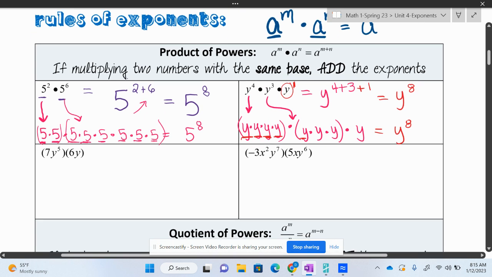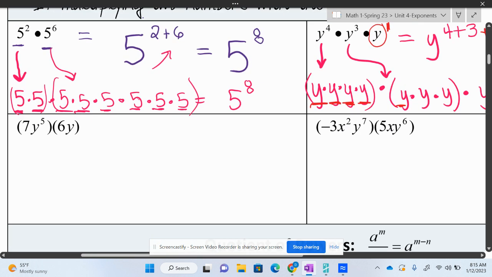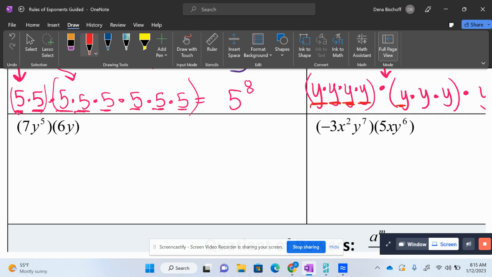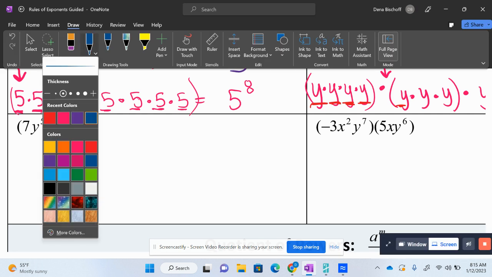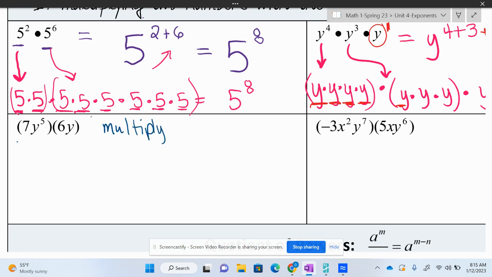Okay. So this next one is a little tricky because it's got numbers in there. Not just variables. And so now I'm not really sure what to do. I'm a little nervous about this one, but I think that I should multiply the numbers because remember, this is just a multiplication, and then use the rule for the powers.